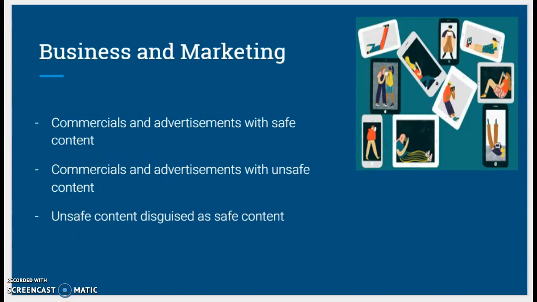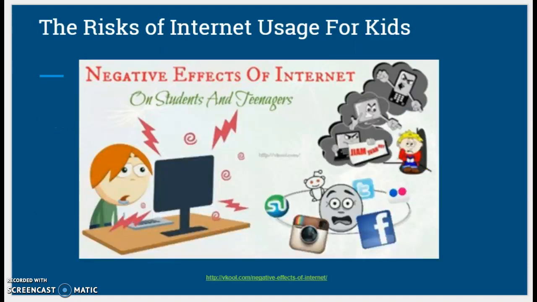And the third one is business and marketing. Kids make up a very big portion of the population of internet users. To absorb them, businesses need more clicks, viewers, and customers, so that's why they target kids for their business purposes.